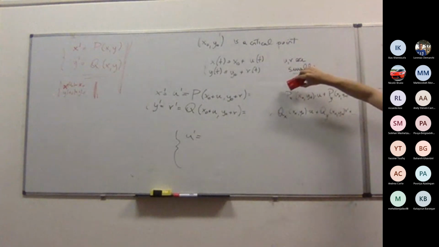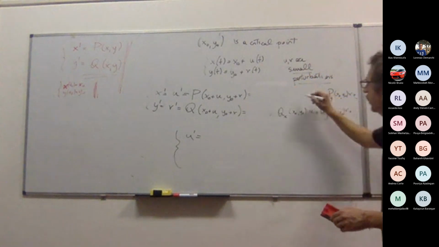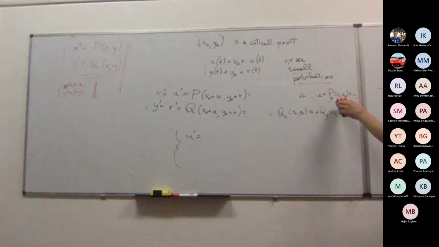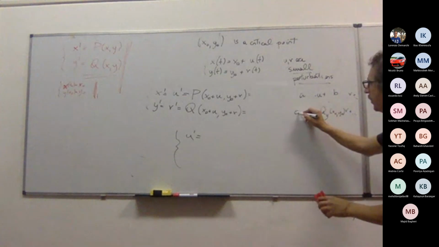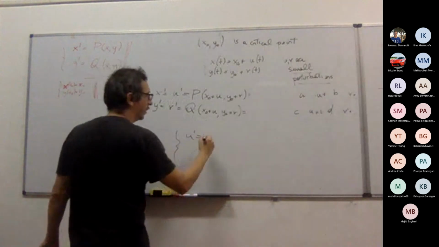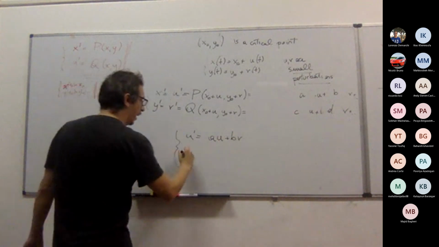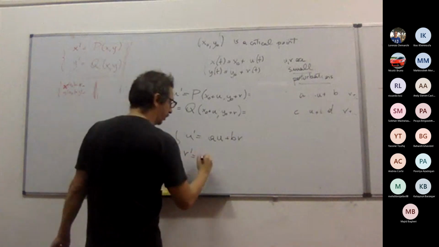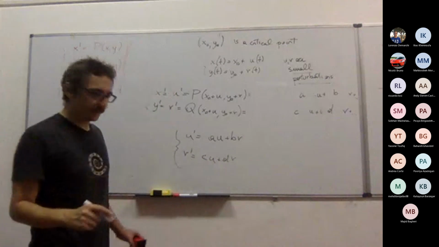Let me call the derivative of P with respect to x evaluated in x naught, y naught, A. The derivative of P with respect to y, evaluated in x naught, y naught, I call B. I do the same here, and I call this C, and this other thing D. So at the end of the day, what I have is u prime equal to Au plus Bv, and v prime equal to Cu plus Dv.